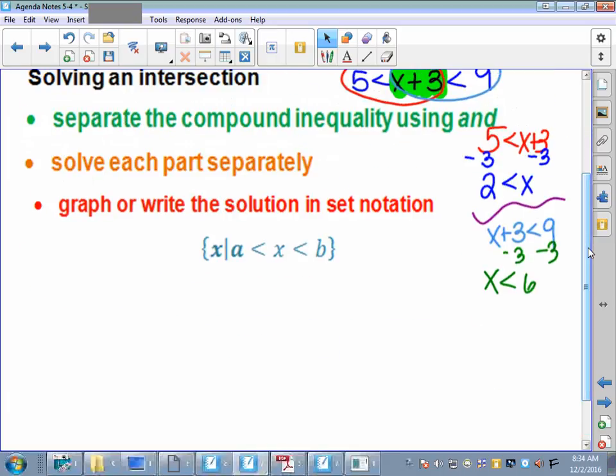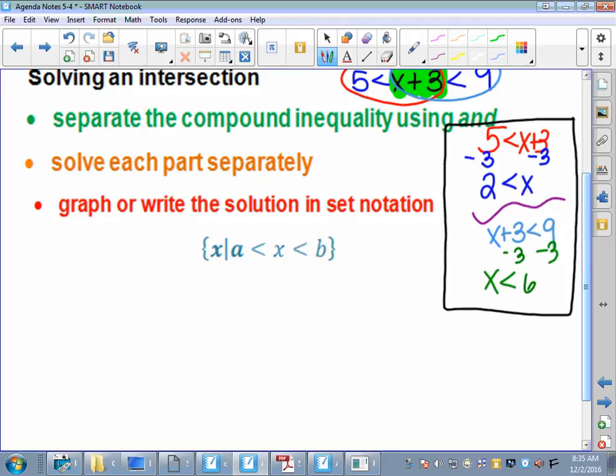We'll talk about graphing in just a second, but we've got this example over here that we solved. If I'm going to write this in set notation, it says that x has to be greater than 2, and it says that x has to be less than 6. So if I go back to this set notation, I would say all values of x such that 2 is less than x, which is less than 6.